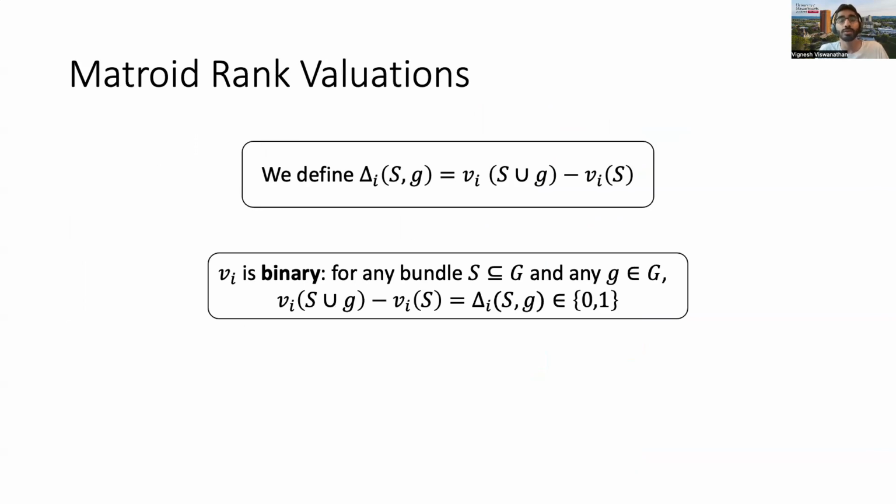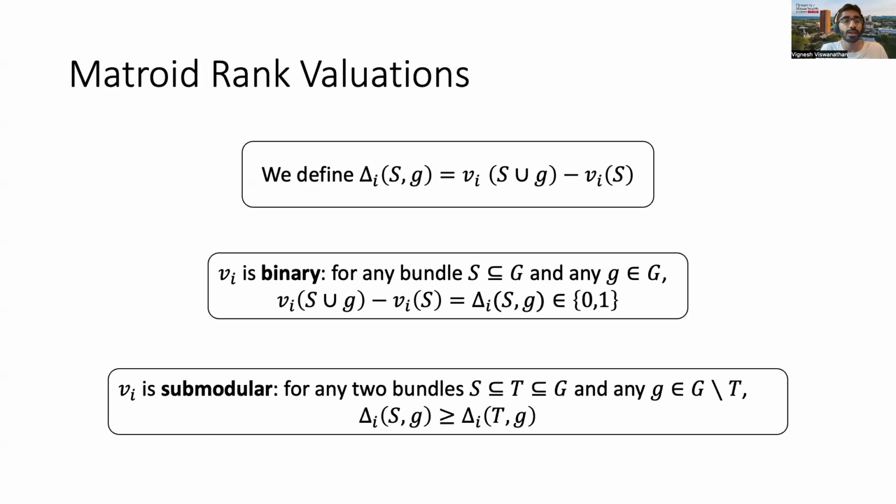That is to say, if you take any good and add it to any bundle, the marginal value of adding that good to any bundle is either 0 or 1 according to the agent i. That is, they either like the good or they don't. It's a very simple 0 or 1 marginal gain model.